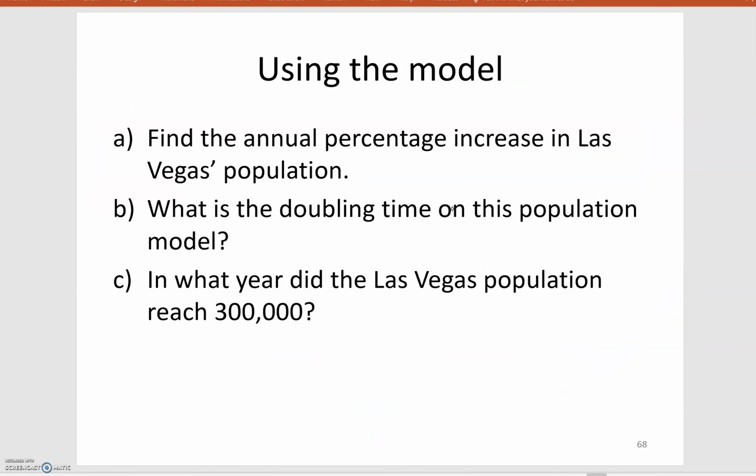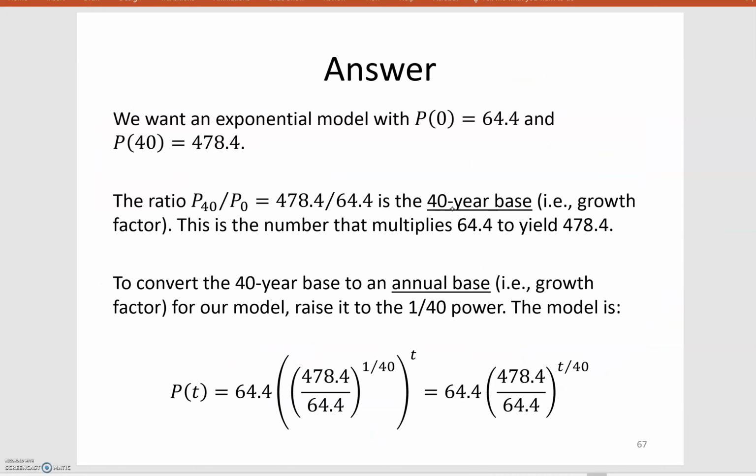All right, well, let's talk about how we could figure this out. We want an exponential model whose value at time 0 is 64.4 and value at 40 is 478.4, which is what we just wrote on the other slide. Let's look at the ratio P40 to P0, the value of the population at 40 and the value of the population at 0.